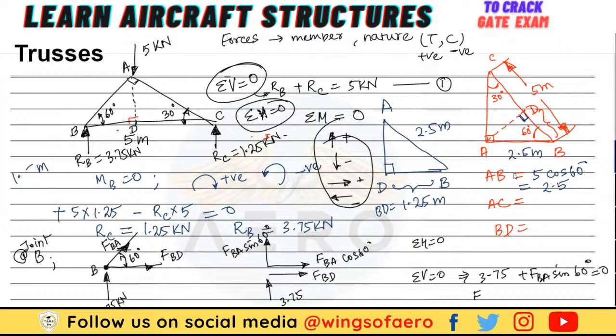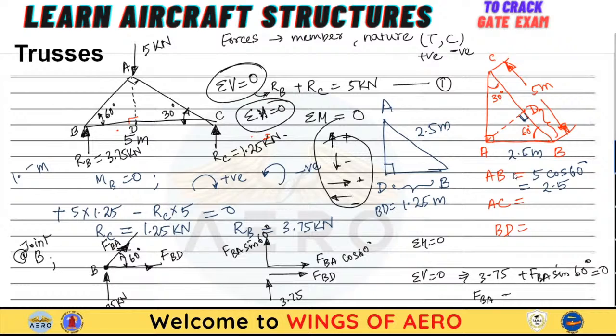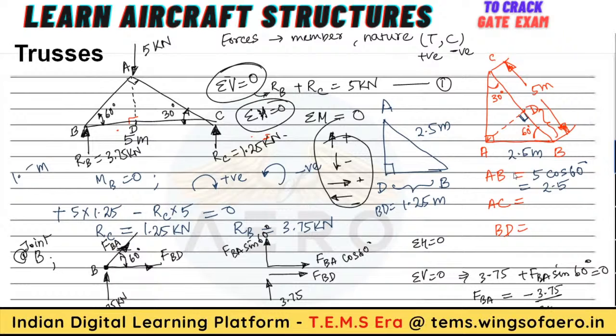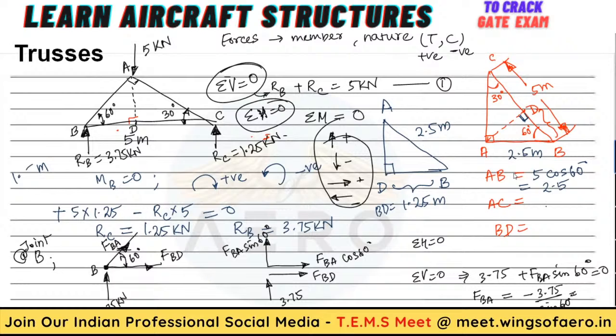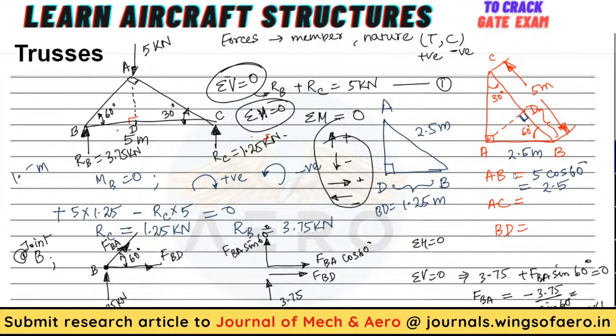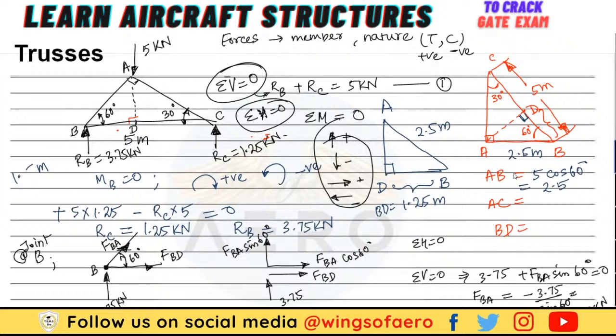Now resolve this and tell me the answer. F of BA, you will get minus 3.75 by sine 60, which is minus 4.33 kilonewton. That means, what is the nature of BA? Compressive.